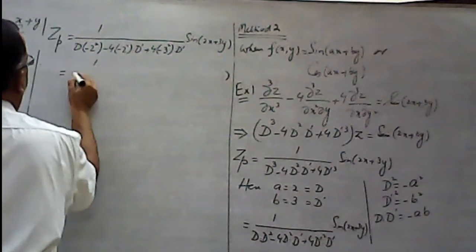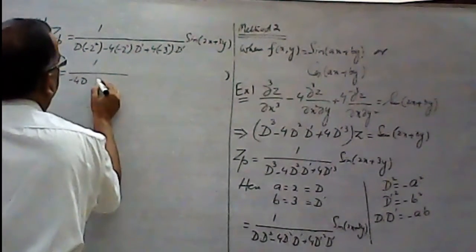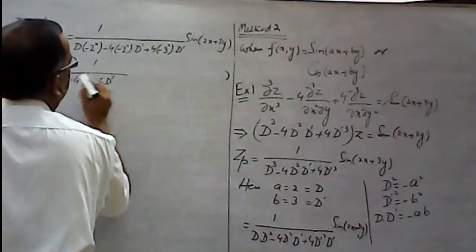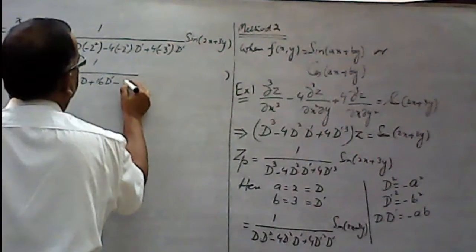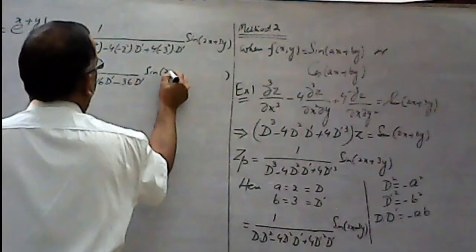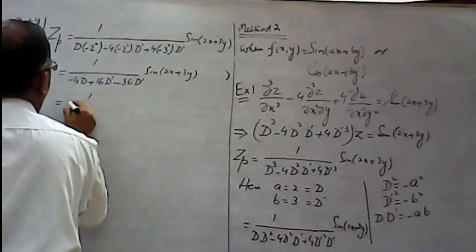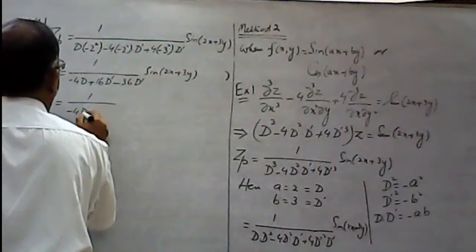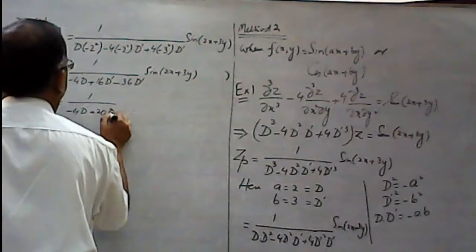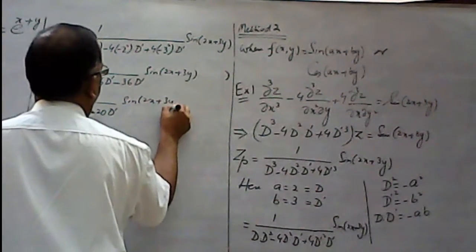Now simplify: 1 upon, this will become minus 4D, this will become plus 16D dash, and this will become minus 36D dash, sin(2x+3y). Simplifying more, 1 upon minus 4D minus 20D dash sin(2x+3y).